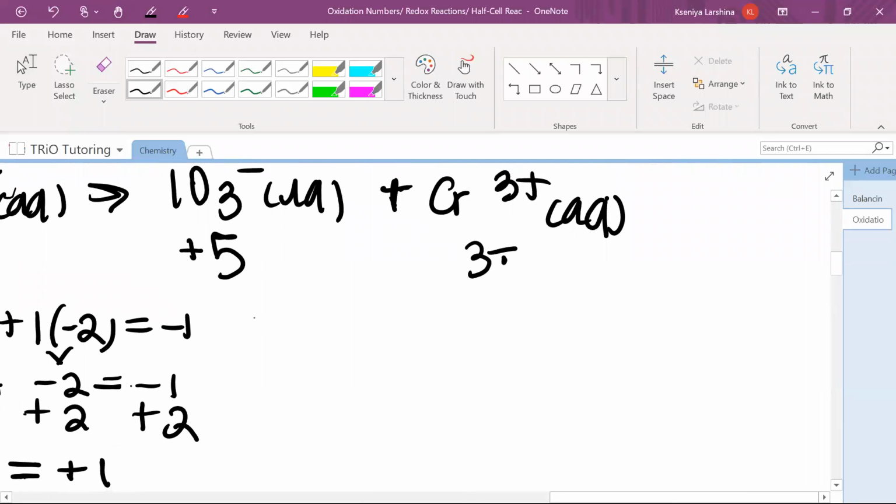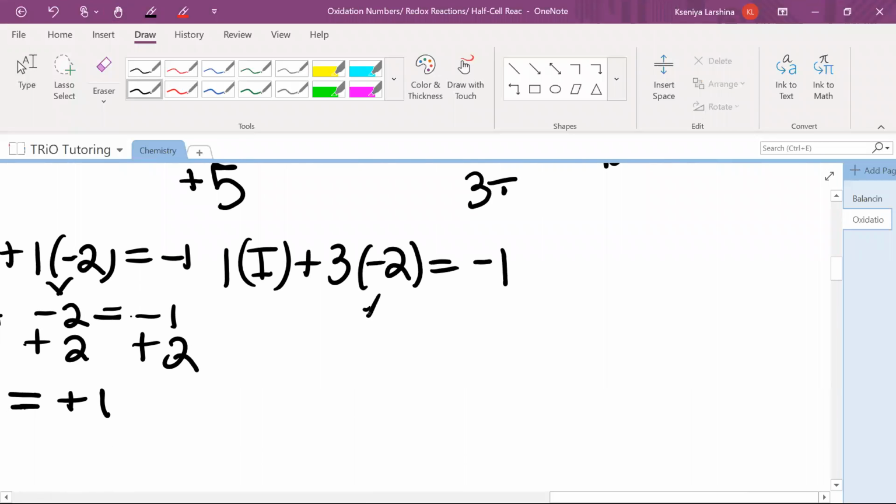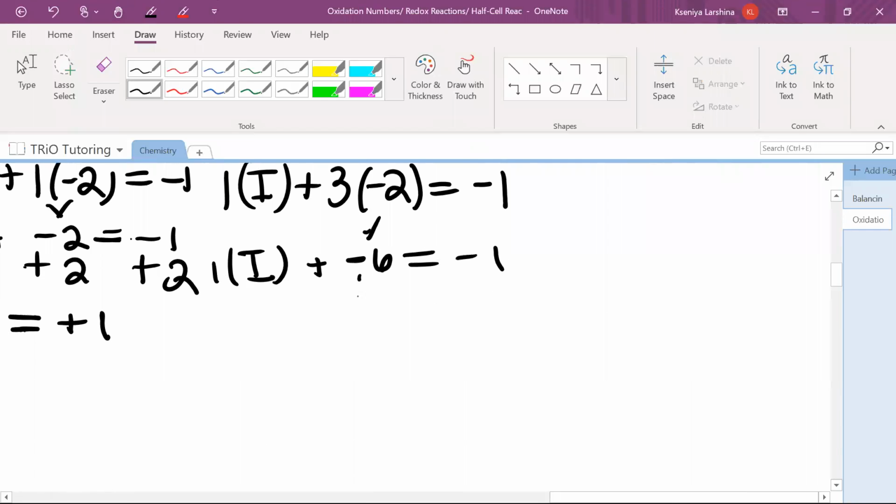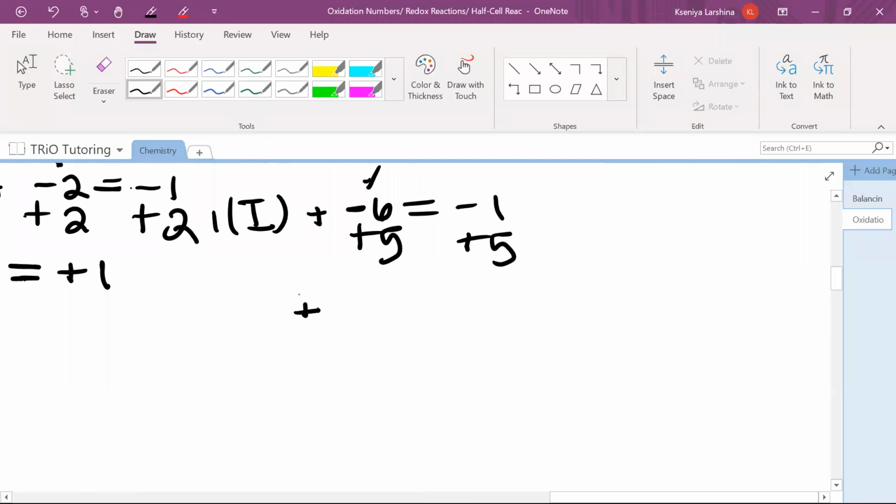And the same is for IO3 negative. So I plus 3 times -2 equals -1. This equals -6 plus I equals -1. Add 5. And I equals +4.